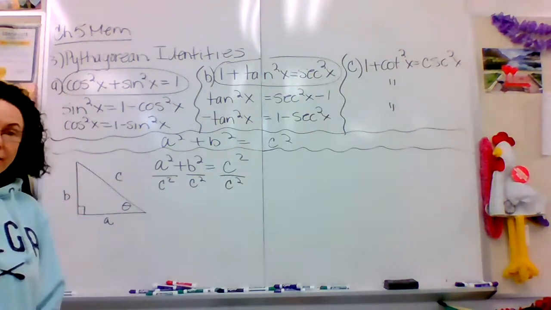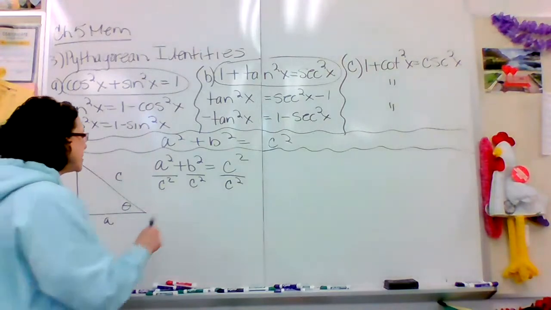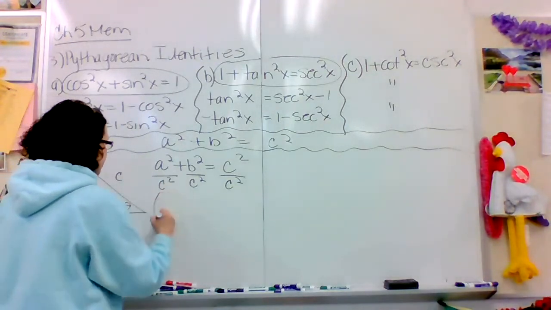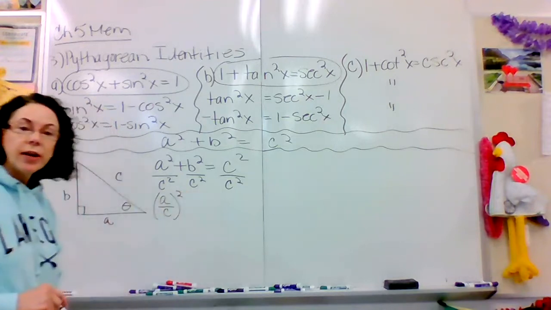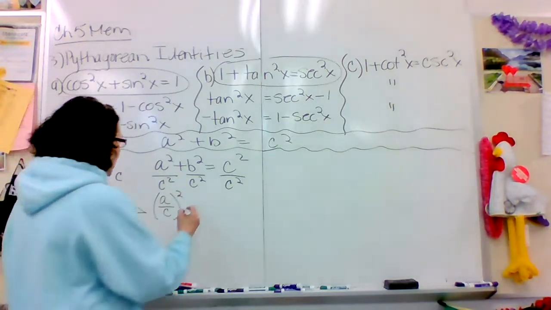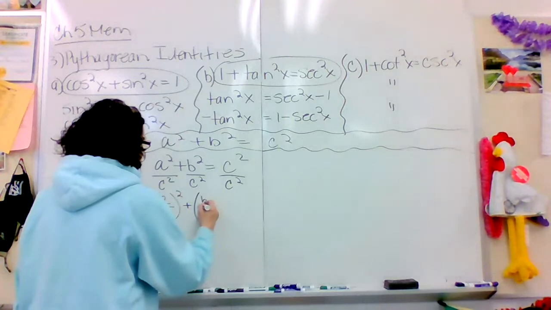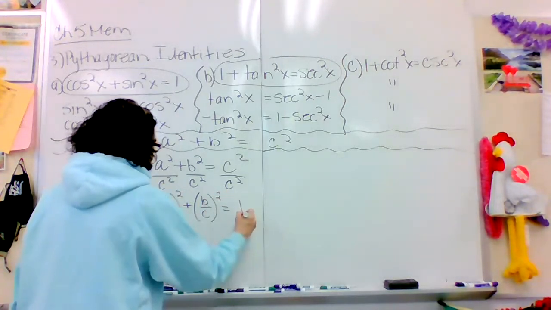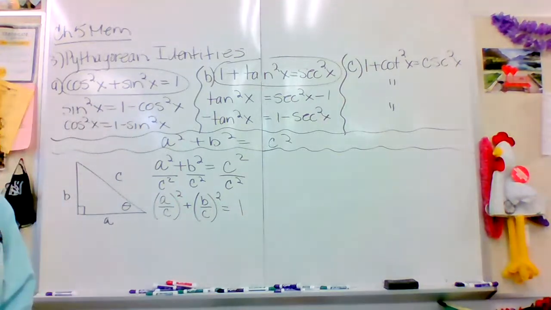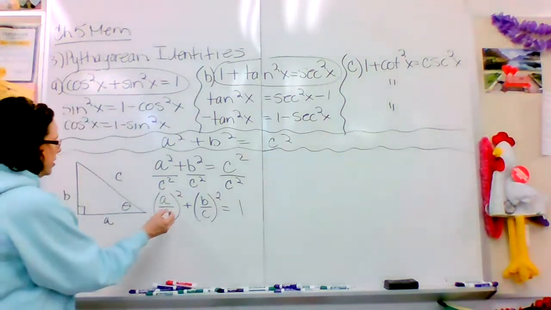Won't I have a 1 here? Now, isn't it true that a squared divided by c squared, I could write as a divided by c with the squared on the outside? And can't I write b squared over c squared as b over c squared? And there's my 1.